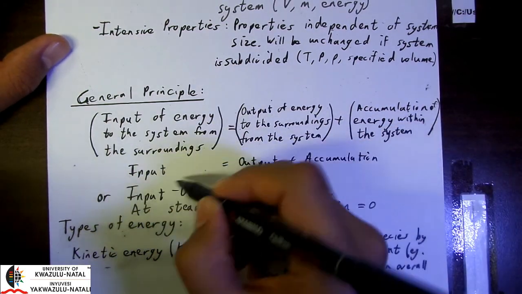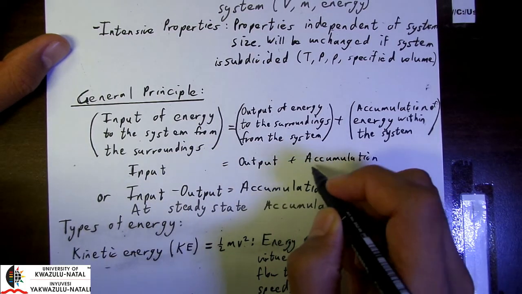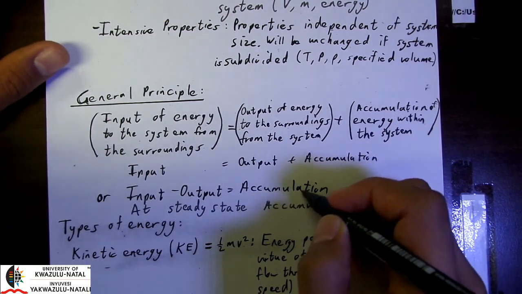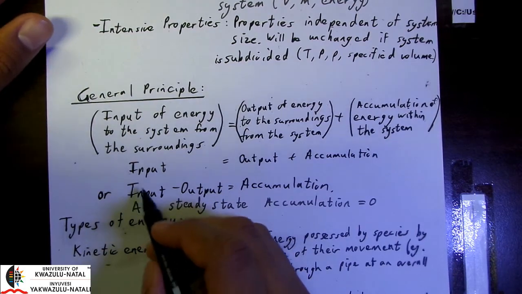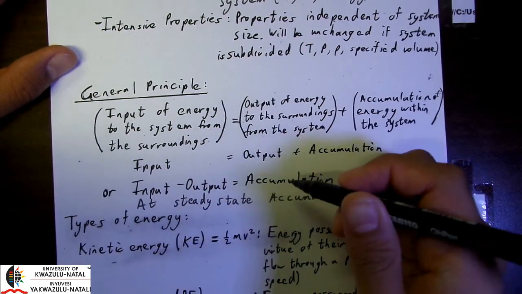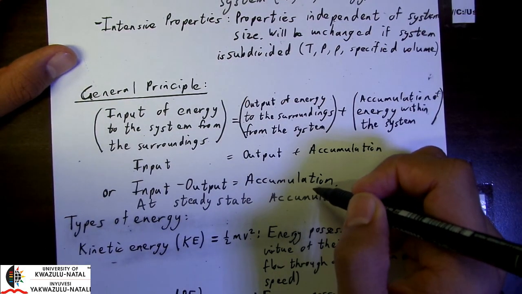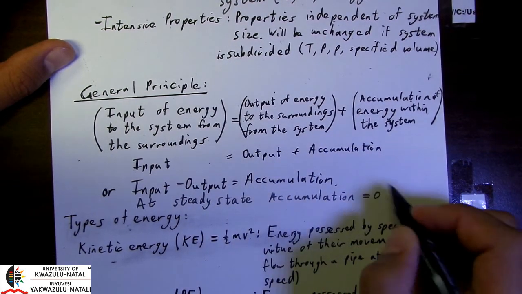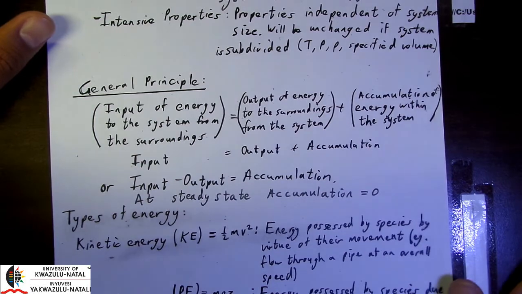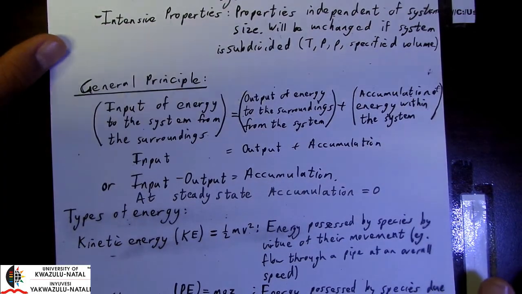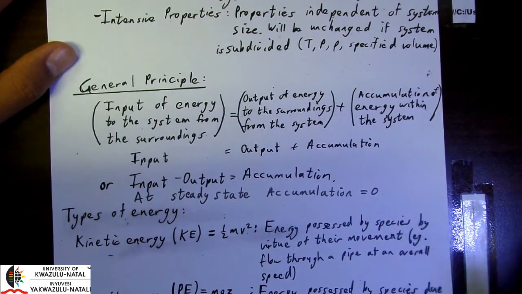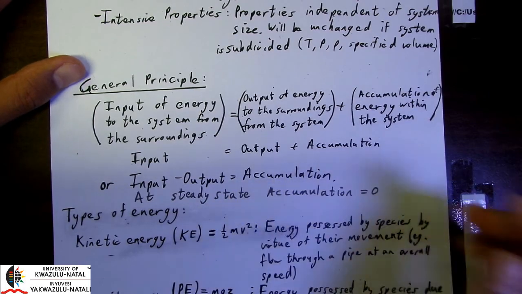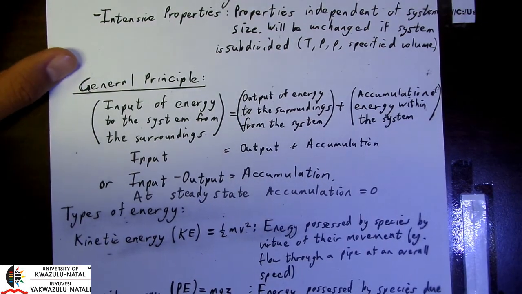So in other words, input is equal to output plus accumulation, or if we switch it around, input minus output is equal to accumulation. And typically at steady state conditions, accumulation will be 0. There'll be no accumulation. Under batch or semi-batch conditions, we will actually have an accumulation term.